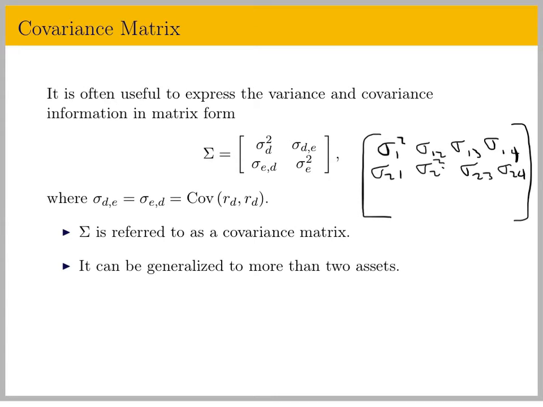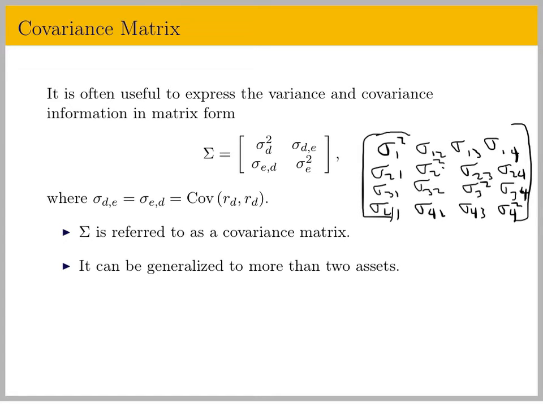I'll go ahead and put the bracket out here already. And then you have sigma 3,1, the covariance of 3 with 1, covariance of 3 with 2, variance of sigma 3, and then sigma 3,4. Finally, sigma 4,1, sigma 4,2, sigma 4,3, and the variance of 4.